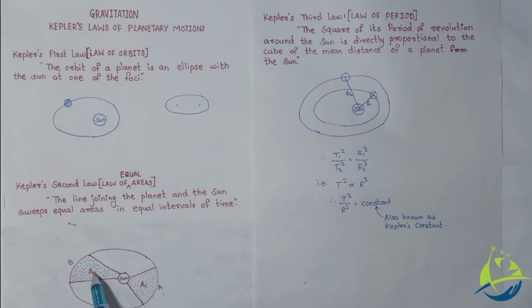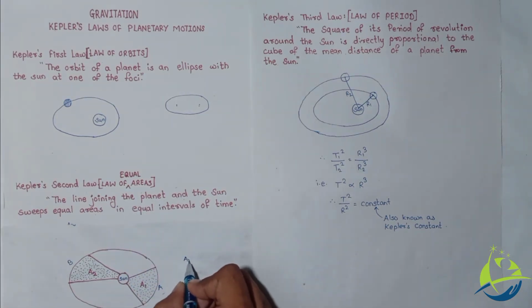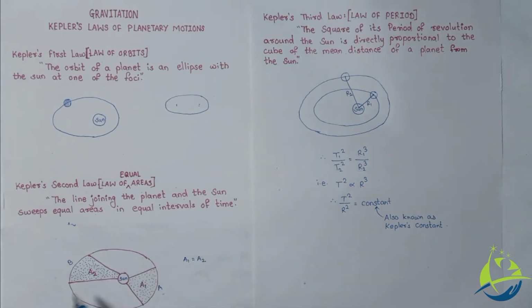Here also it will sweep out some area. This area A1 and this area A2 will be equal as per this law, meaning A1 is equal to A2. Now what is the law? The line joining the planet and the sun. See, this is the line joining the planet and the sun.